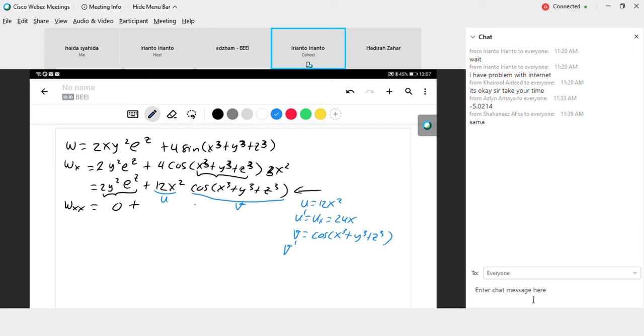So v prime with respect to x will be negative sine of x cube plus y cube plus z cube, times 3x square. So negative 3x square sine of x cube plus y cube plus z cube. No problem?